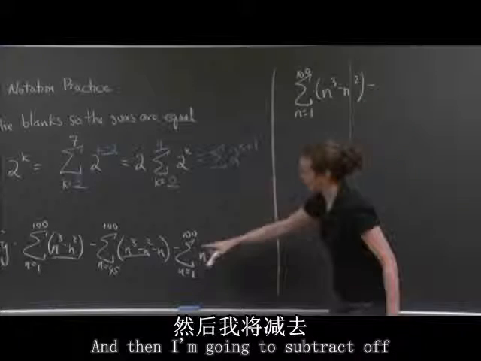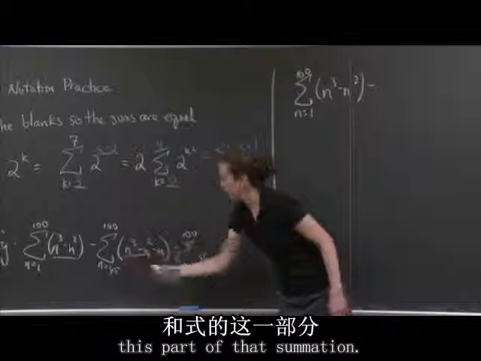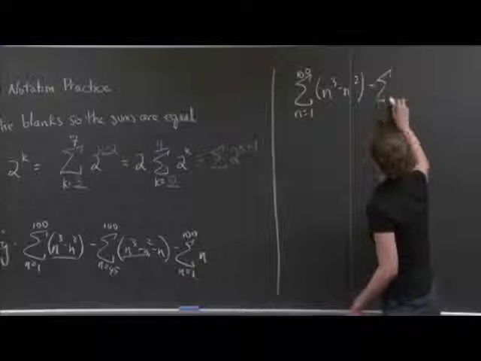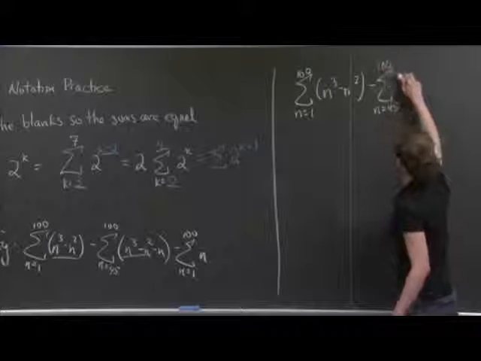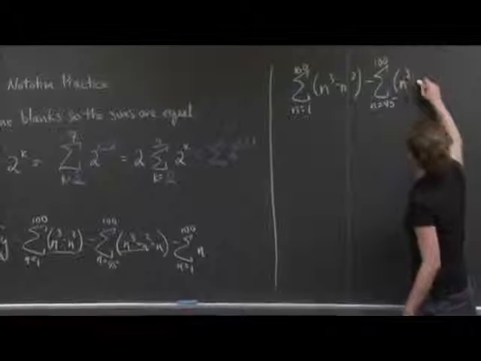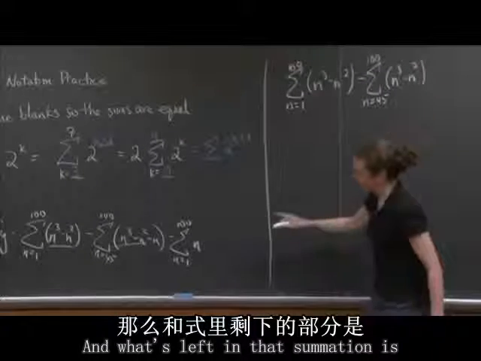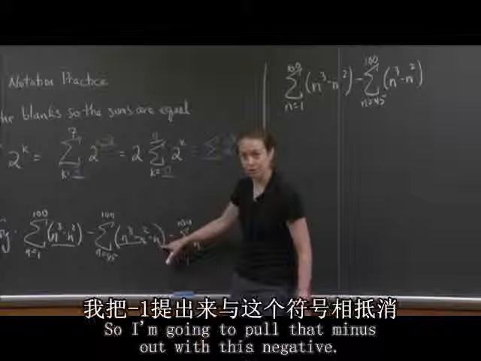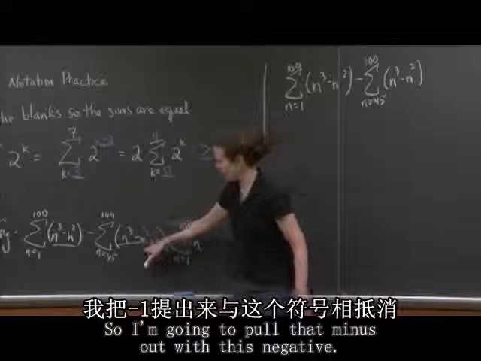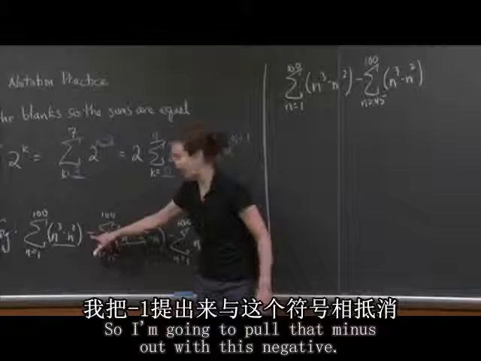And then I'm going to subtract off this part of that summation. And what's left in that summation is every term I had a minus n also. So I'm going to pull that minus out with this negative.